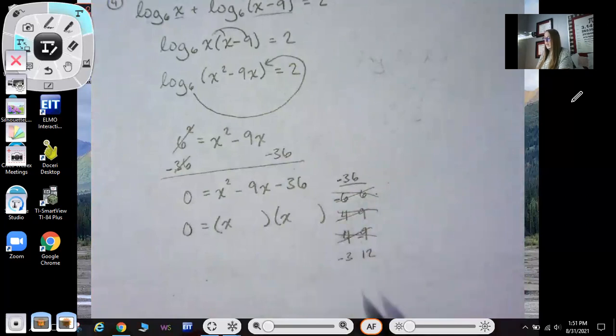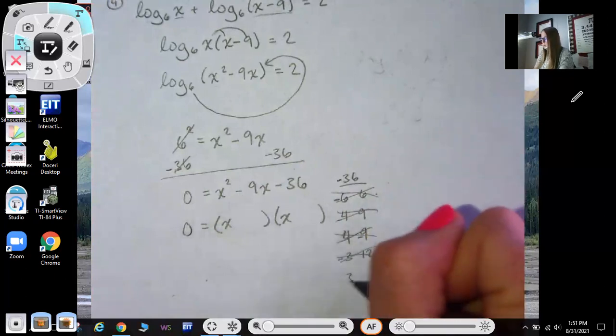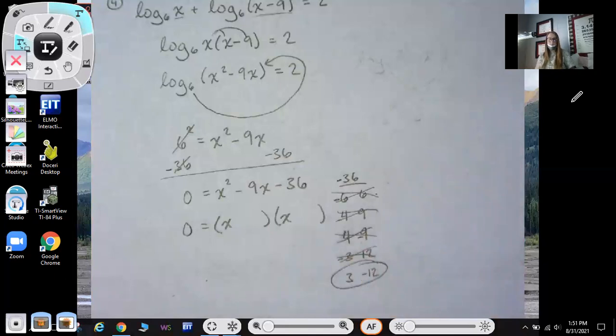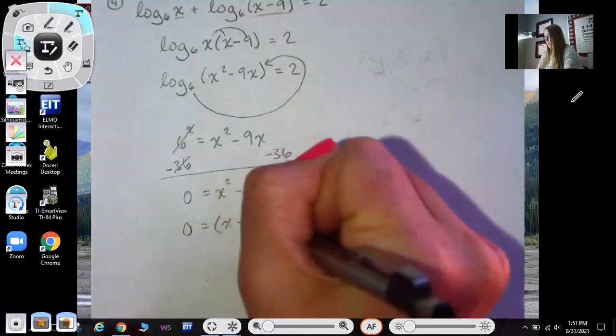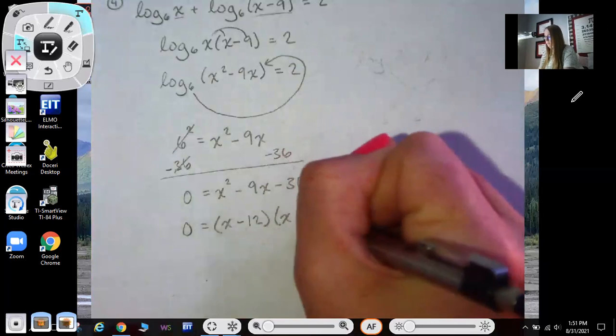If the 3 is negative, negative 3 plus 12 is a positive 9. We need it to be negative 9. So yes, 3 and negative 12 should work. And then it doesn't matter where you put those numbers in. You could put plus 3 minus 12, or you could put minus 12 plus 3. It doesn't matter. I'll do minus 12 plus 3.